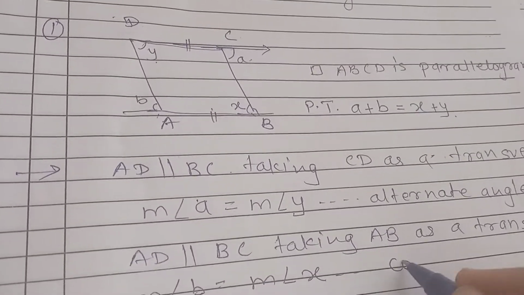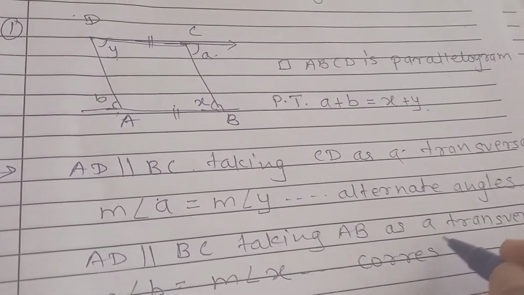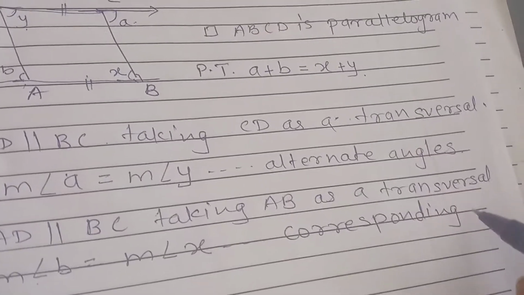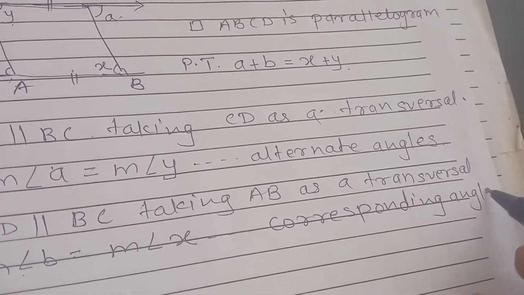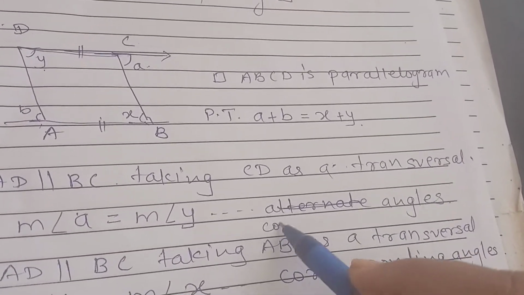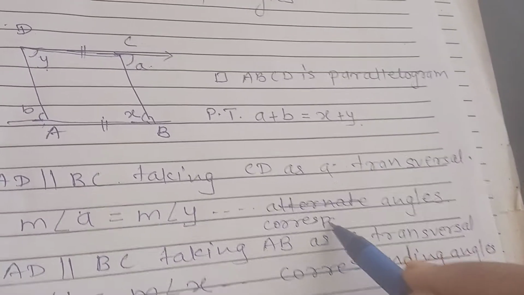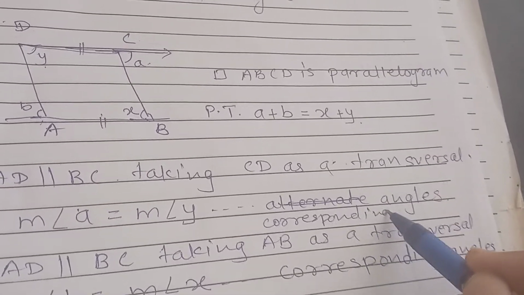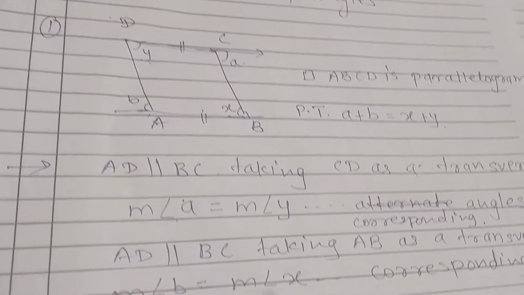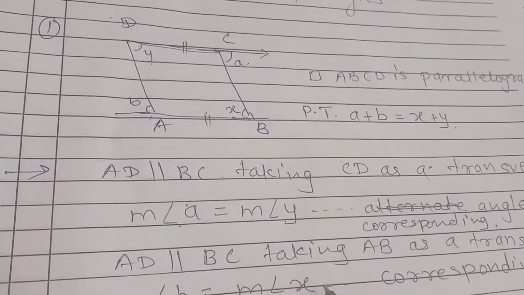Because they are corresponding angles. Then angle B is equal to angle X because they are corresponding angles.